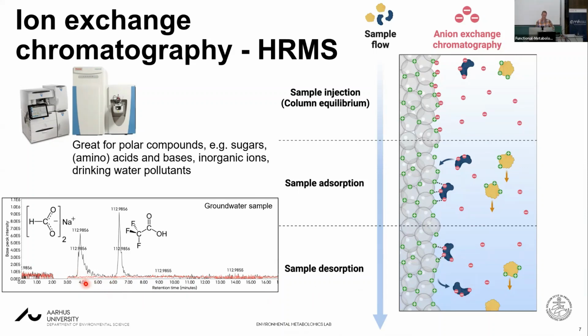And this is what we have done for a groundwater sample here, where we find trifluoroacetic acid. And this is a peak for formic acid, a cluster with sodium that generates almost the same accurate mass. You can only distinguish these two molecules by the retention time difference in this system and the MS2 pattern.